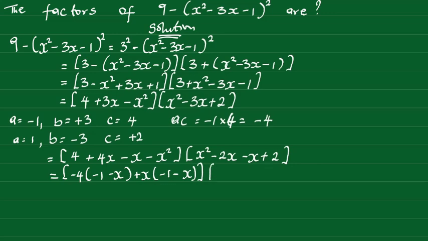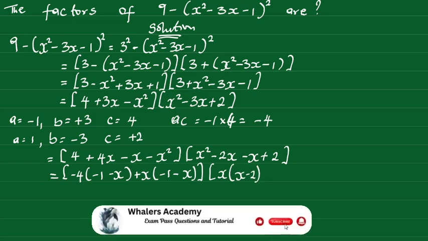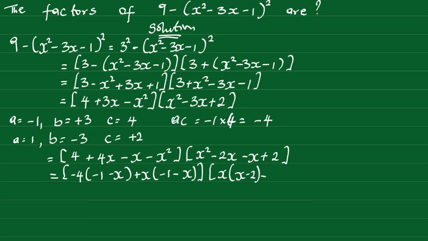Now from our second bracket, we factorize out x from x squared minus 2x. We have x factored out, bracket open, x minus 2, bracket close. Then we factorize out minus 1 from minus x plus 2. So we have minus 1, bracket x minus 2, bracket close, bracket close.